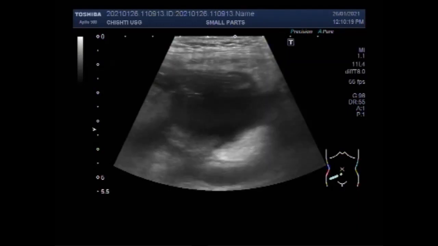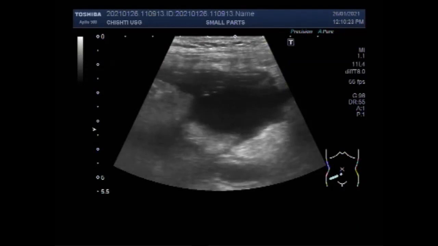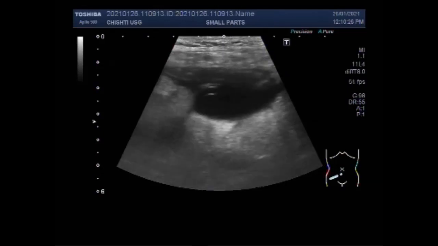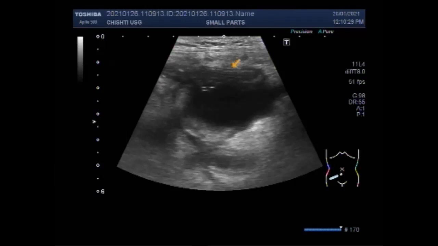So the abscess is a pus-filled infection in the body tissue. It is usually caused by bacteria, but can also be the result of viruses, parasites, or swallowed objects.